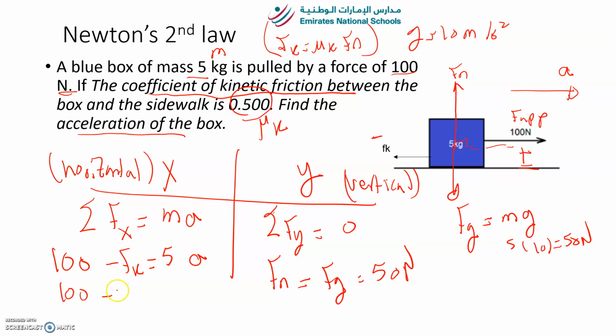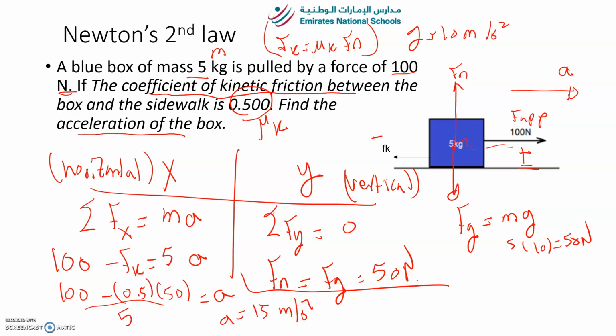I can apply mu k, it's 0.5, Fn is 50, will equal 5 times A. Divided by 5, it will give you A. If you calculate this number, you should get 15. Acceleration will equal 15 meters per second squared.